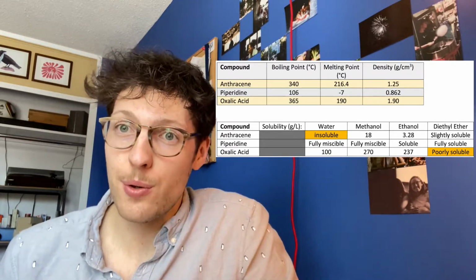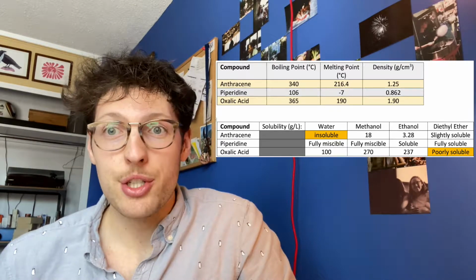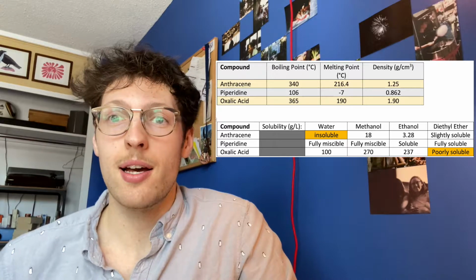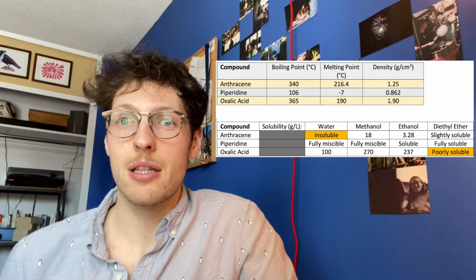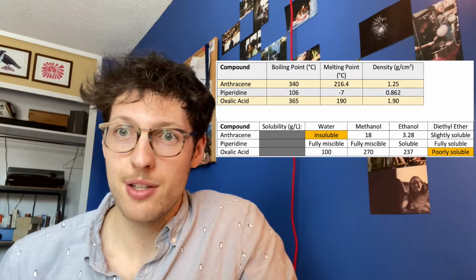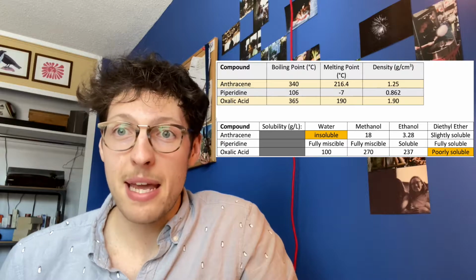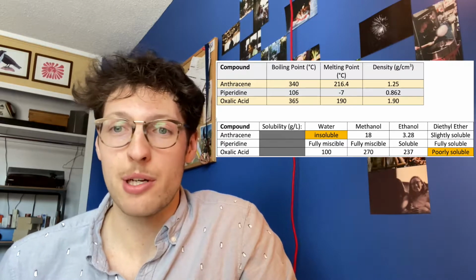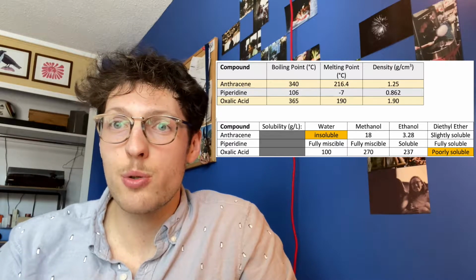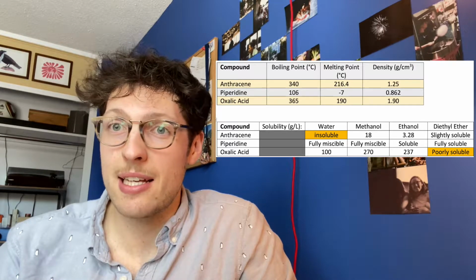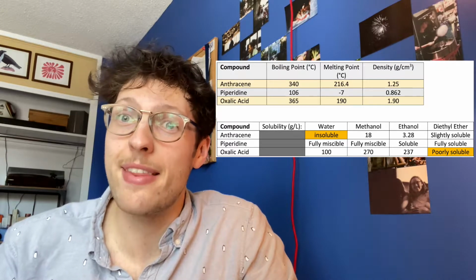So what you can do is mix these in an extraction, extracting the more dense layer by mixing with diethyl ether. If you were to add a base, perhaps sodium hydroxide, so you have a hydroxide ion, you can actually create an oxalic acid salt, which will be more soluble in the water and want to stay in that layer.